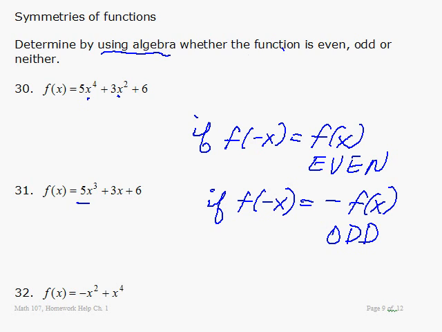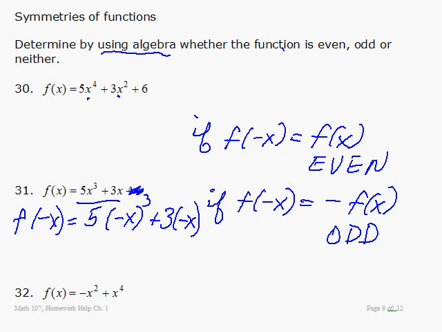Let's take as an example the first two terms here. Say the 6 wasn't on here. So you would put a negative x in, then you would go 5 times minus x cubed plus 3 times negative x. If you take minus x cubed, you would have minus x times minus x times minus x, which would give me, these two negative signs go away, but this remains.